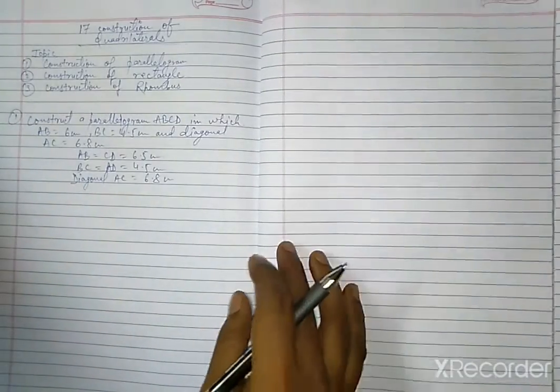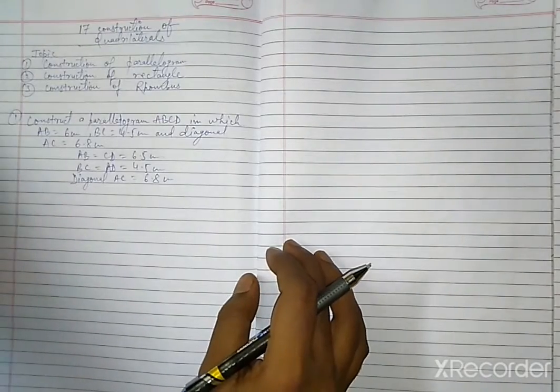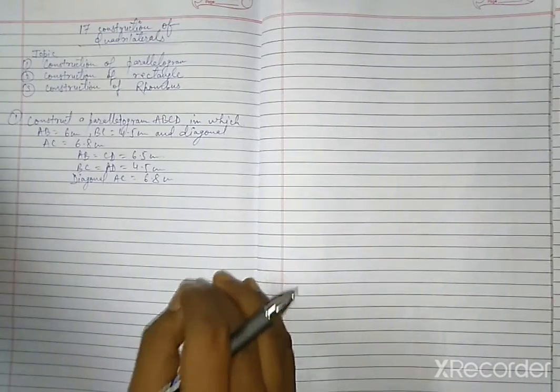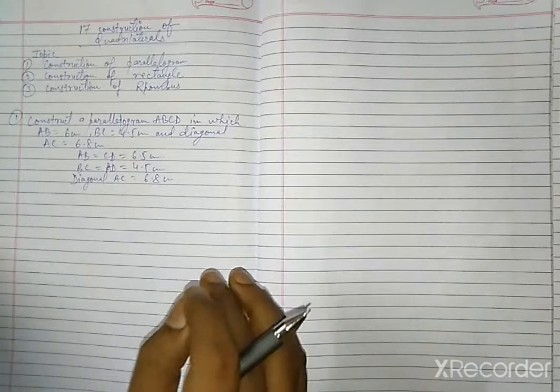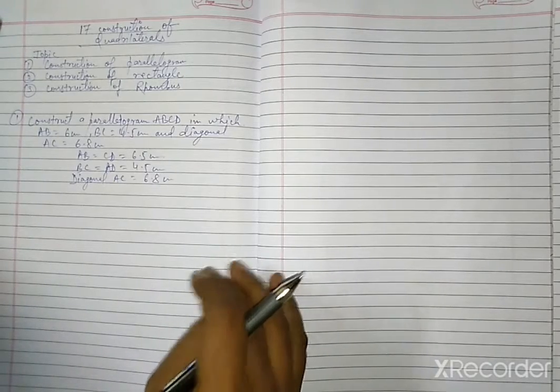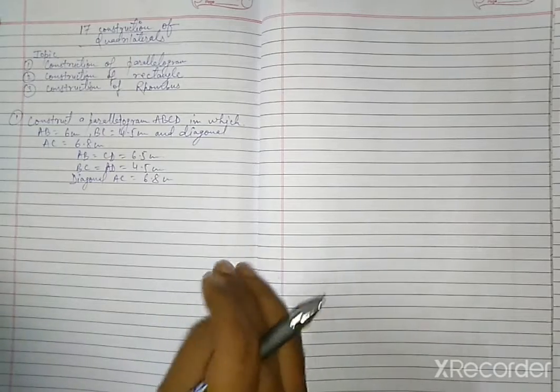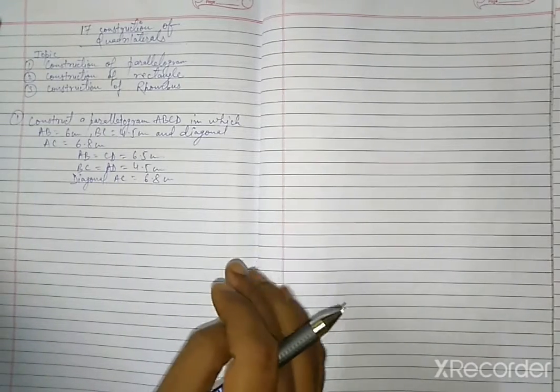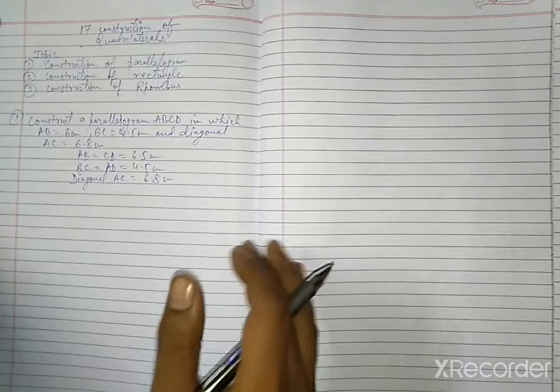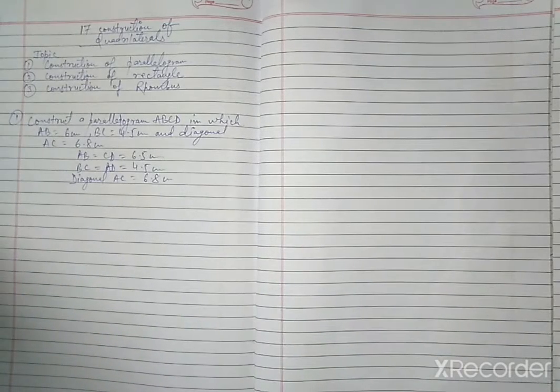Now we have to draw this parallelogram. So right now I am drawing a rough diagram. I will let you understand the steps involved in construction of a parallelogram. You have to use compass, protractor, scale, and pencil in order to construct these figures.